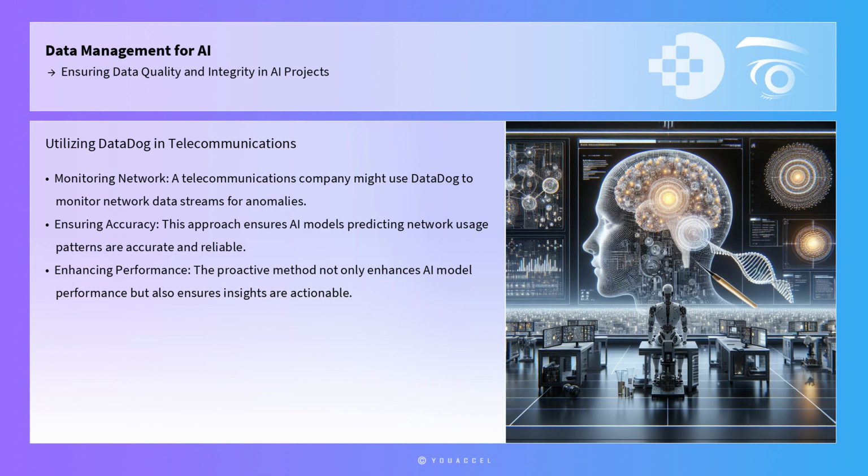In practice, a telecommunications company might use Datadog to monitor network data streams for anomalies, ensuring that the AI models predicting network usage patterns are accurate and reliable. This proactive approach not only enhances the performance of AI models, but also ensures that the insights derived are actionable and aligned with business objectives.